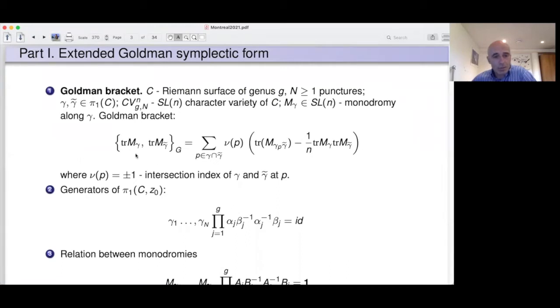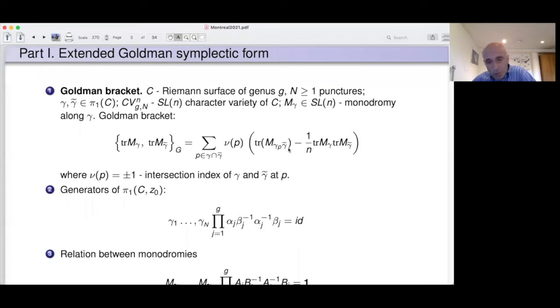The good variables on the character variety are traces of monodromy. They are good in some sense; in some sense they're not as good as we would like, but these are natural coordinates. The bracket between traces of two monodromies along loops gamma and gamma tilde is this sum, where from the loops gamma and gamma tilde we look at the intersection points, and each intersection point gets resolved.